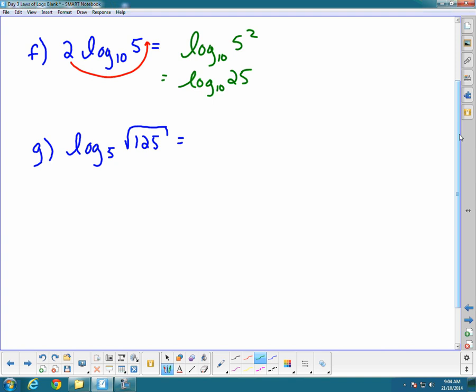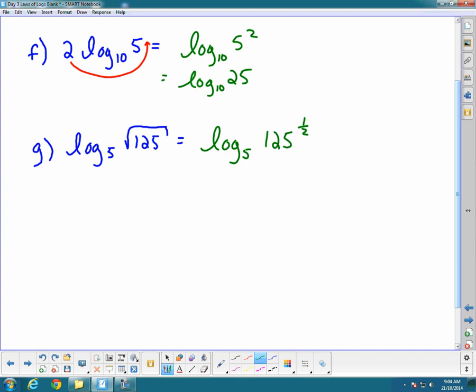So first things first, notice that I'm taking the square root of 125. I can change that, just like in the warm-up that we had before. I can change that square root into 125 to the power of 1/2. Right? Remember, the square root of a number can be changed to an exponent of 1/2. Why would I be interested in doing that?